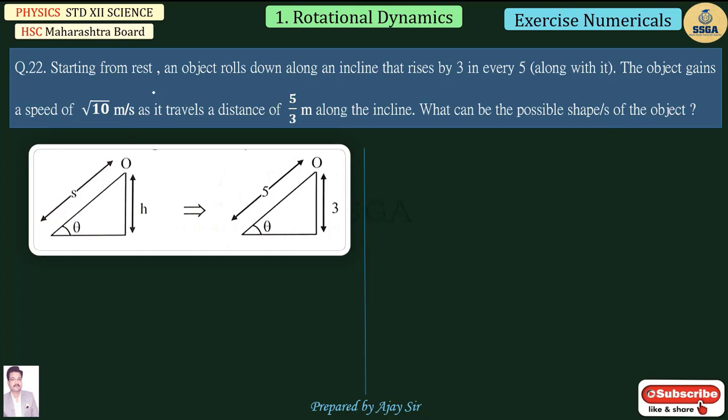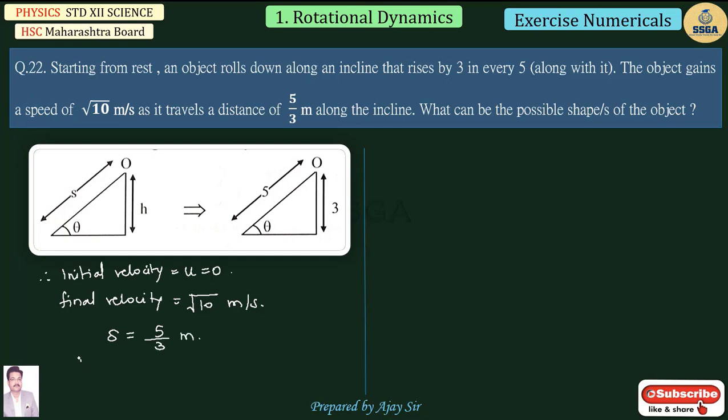Now initial velocity, the body starting from rest, u is equal to 0, and final velocity v is equal to under root of 10 meter per second. Now the distance traveled along the inclined plane is given, that is s is 5 by 3 meter.